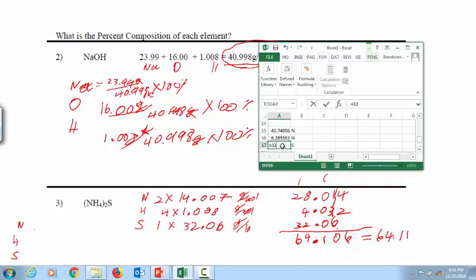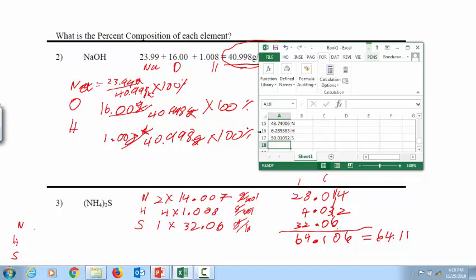And now with sulfur, we've got equals 32.06 divided by this value times 100. And that's 50.0192.